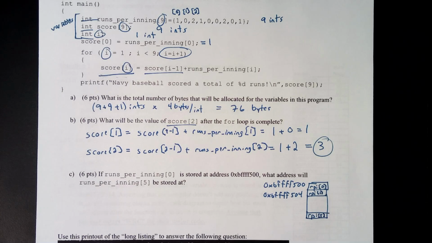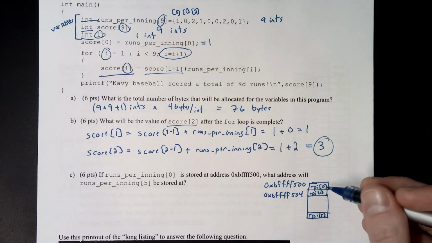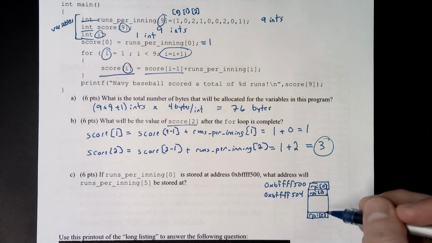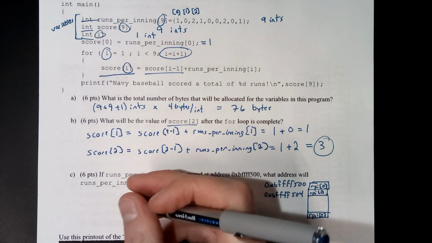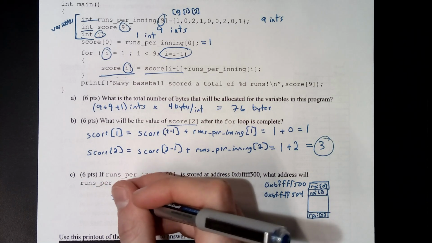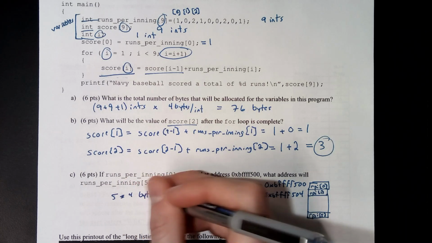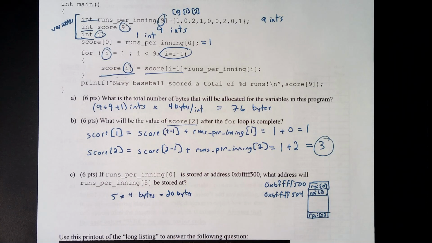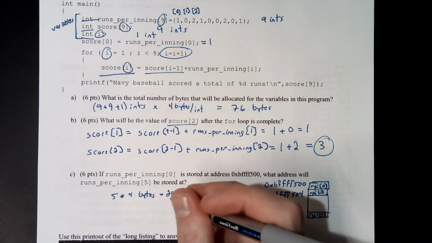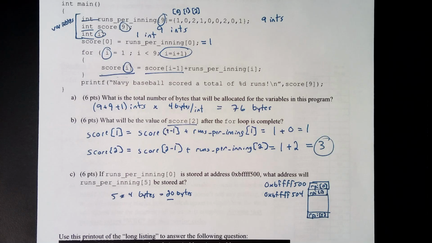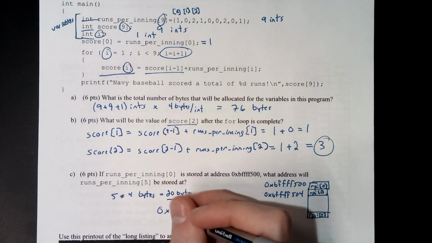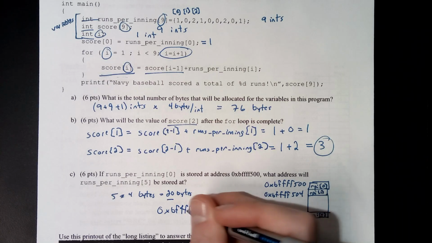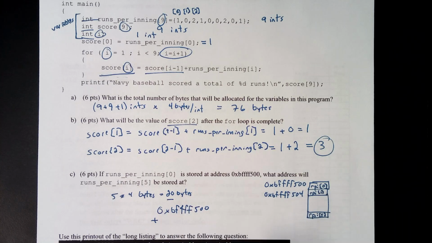We can shortcut this a little bit by saying that before RPI at 5, we need to store 0, 1, 2, 3, 4. That's 5 different integers. So 5 times 4 bytes is 20 bytes. So we're going to go 20 new spaces down in memory. Keep in mind that this number is decimal, and if we add 0xBFFFF500 plus something, that number needs to be in hex.